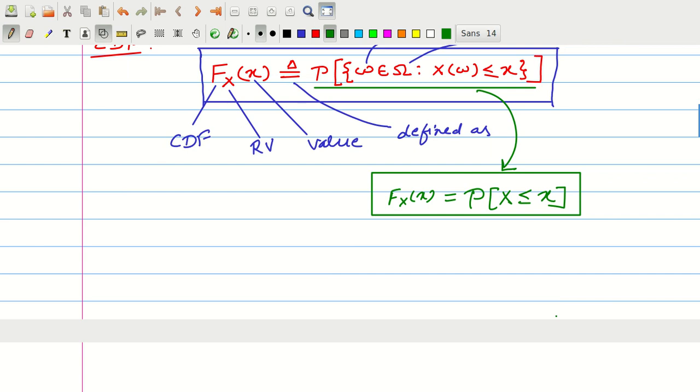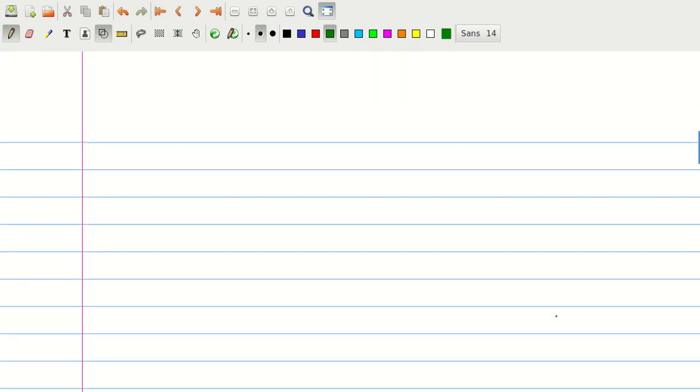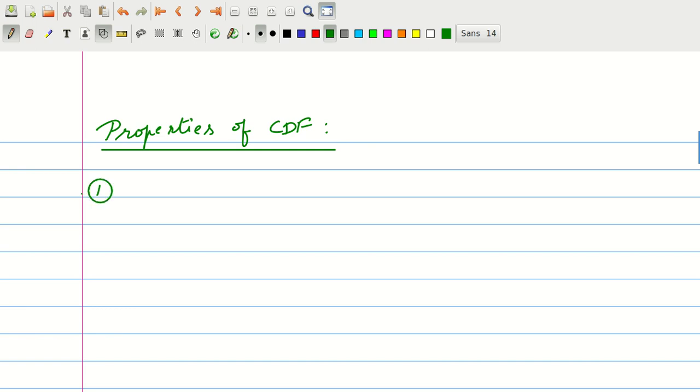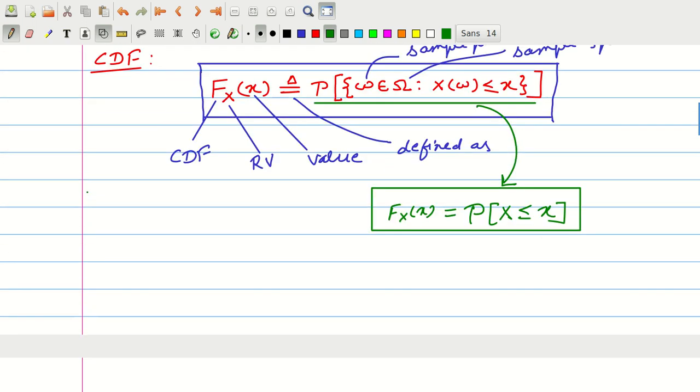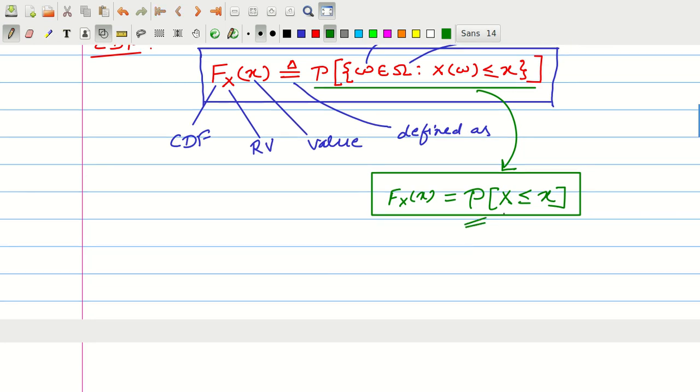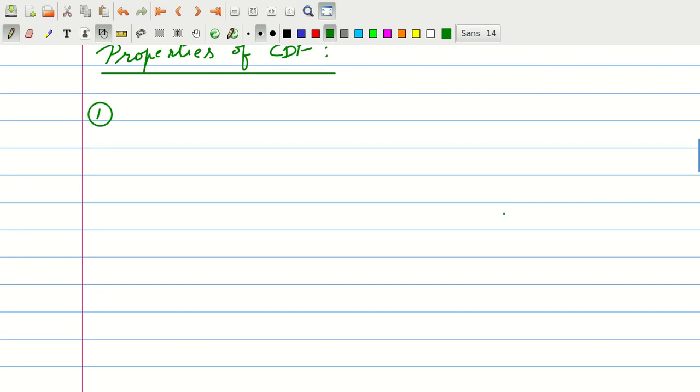Let us look at some properties of the CDF of a random variable X. The first property: because CDF is a probability, it must follow the properties of a probability measure.